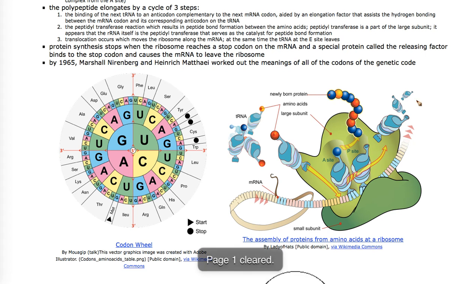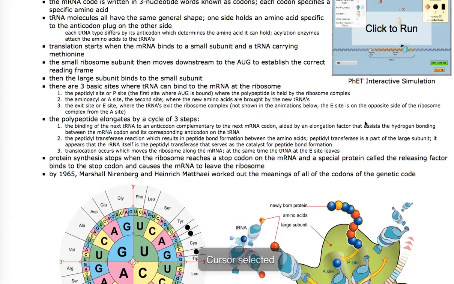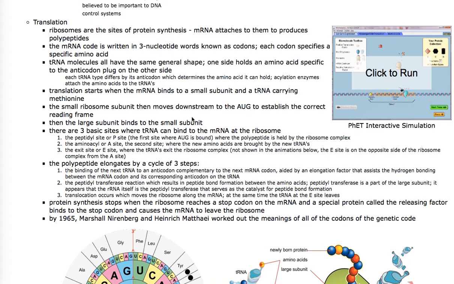So that brings us now to the actual translation process. And you scroll back up here. We got to talk a little bit about tRNAs and stuff. It turns out that tRNA molecules all have the same general shape. One side holds amino acids, and the other side is responsible for plugging onto the mRNA. The plugging side is called the anticodon.